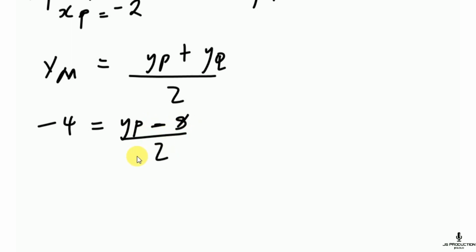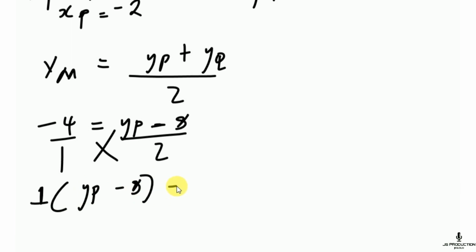So we're going to say over 1, then we can cross multiply. We're going to have 1 open bracket yp minus 8 is equal to negative 4 multiplied by 2.